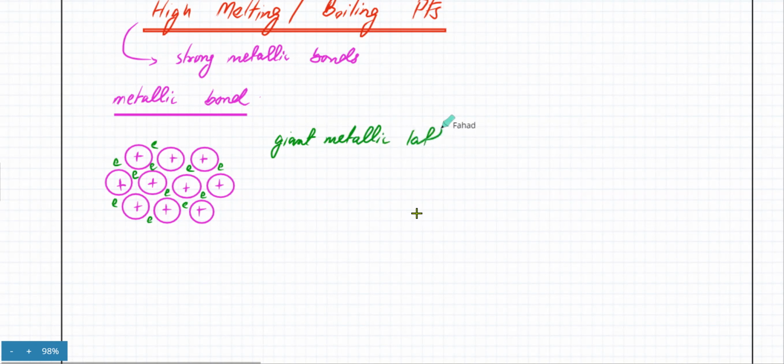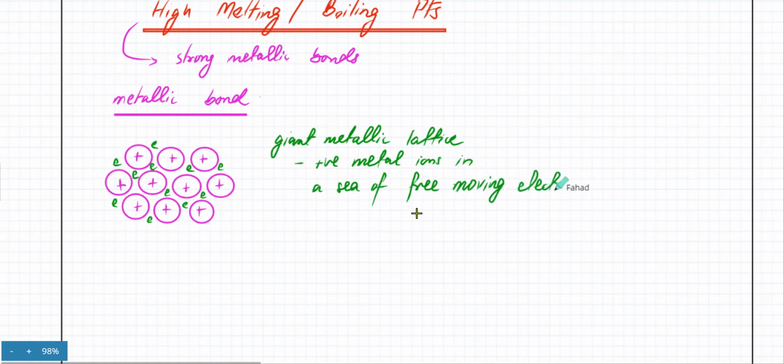Lattice simply means a regular arrangement of ions, where you have positive metal ions present in a sea of free moving electrons. So this is metallic bonding.